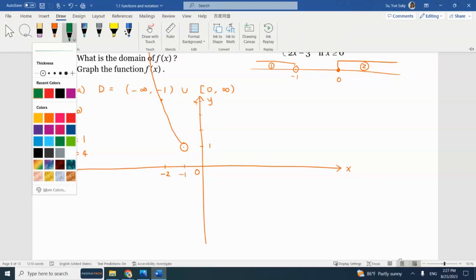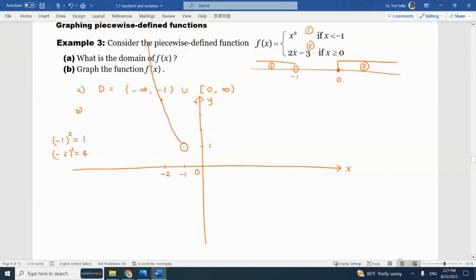Now we draw the second piece. We look at 0, right, everybody? We plug in 0. What happened? 2 times 0 minus 3, so -3. At 0, -3 is here. Do we put an open circle or solid circle?